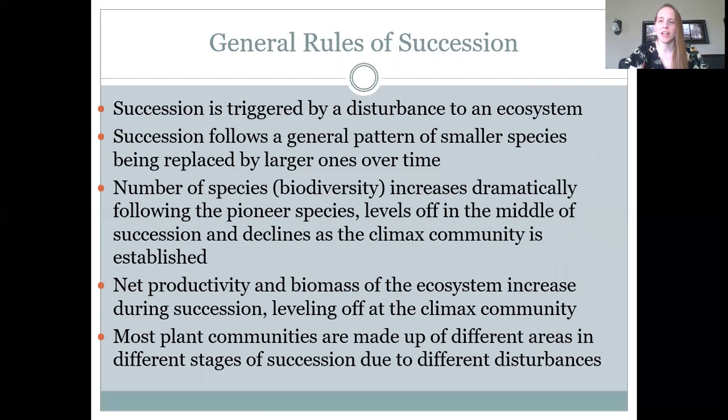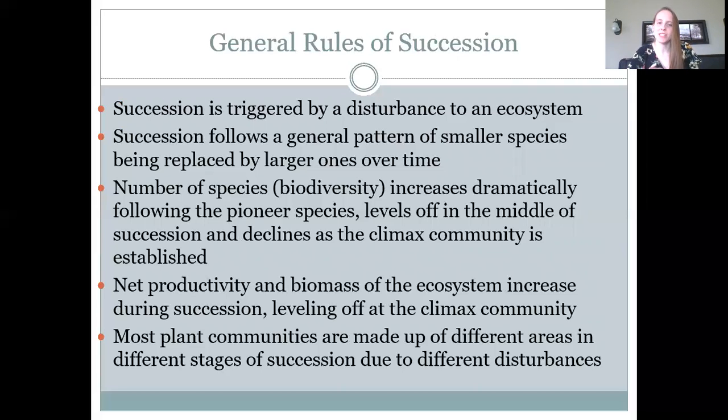Okay, so these are the general rules of succession. 1, it's triggered by a disturbance of some sort. 2, it follows a general pattern of going from smaller species that keep getting replaced by larger and larger species, like the moss going to the grass, going to the shrubs, going to the smaller trees, going to the bigger trees.